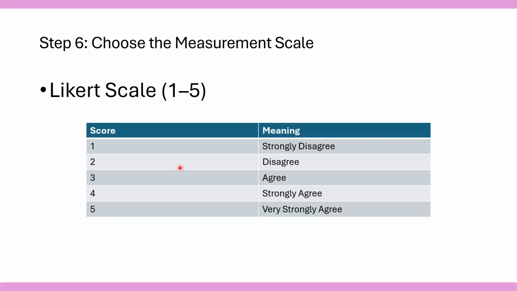I will give you these scores to apply to your questionnaire later. The Likert scale uses scores 1 to 5, where 1 is strongly disagree, 2 is disagree, 3 is agree, 4 is strongly agree, and 5 is very strongly agree. So you just use this scale for your questionnaire later on.